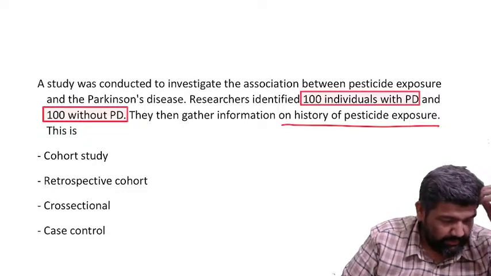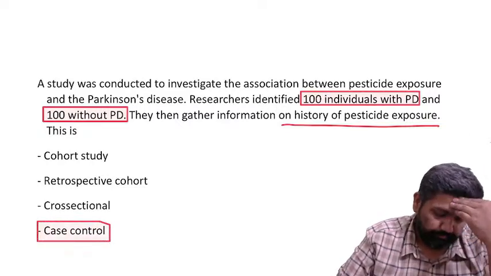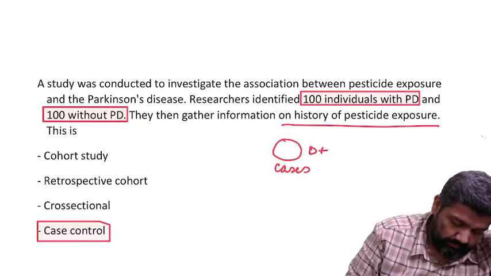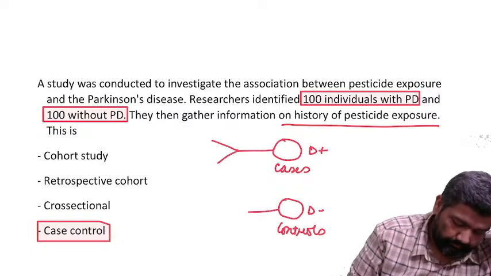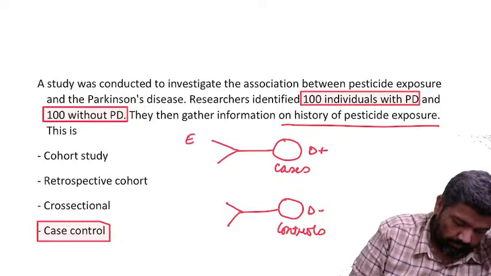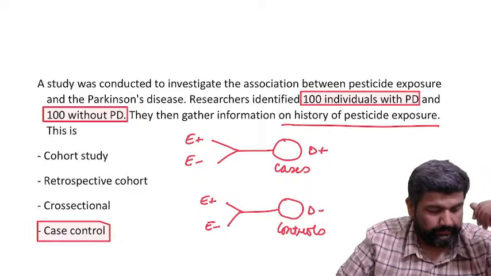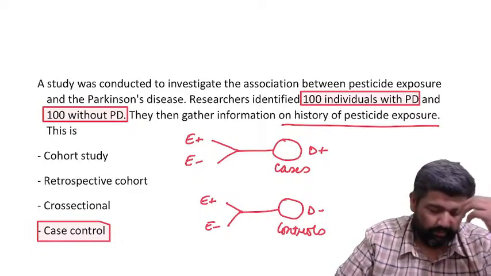Very good beta Nikesh. The correct answer here is this is a case control study. So what we are doing here, this is a group of cases, D plus, controls D minus. We are asking about E plus, E minus, E plus, E minus. So here the correct answer is D.